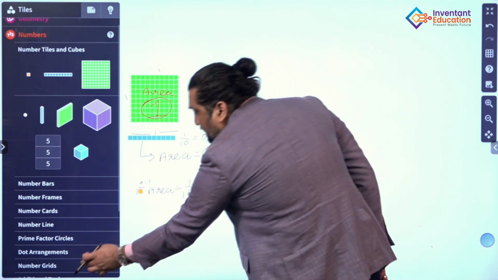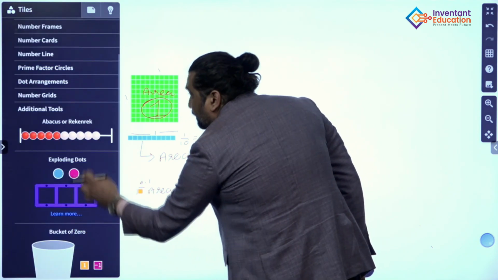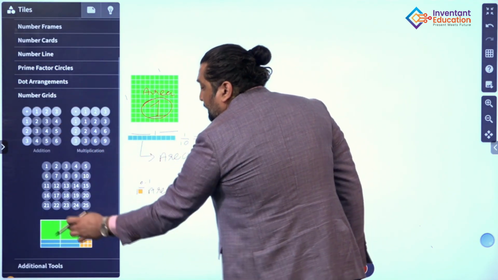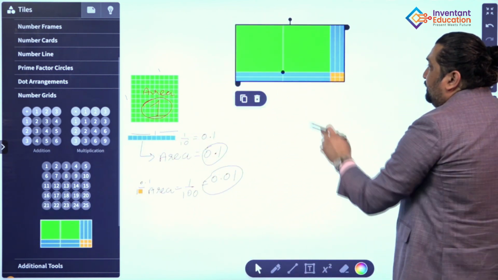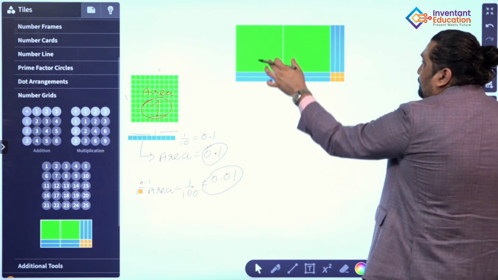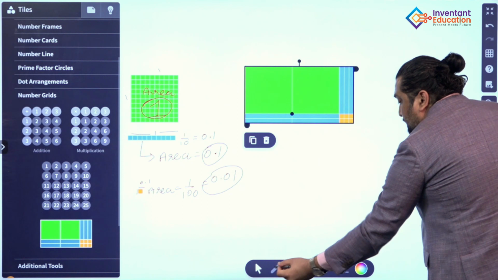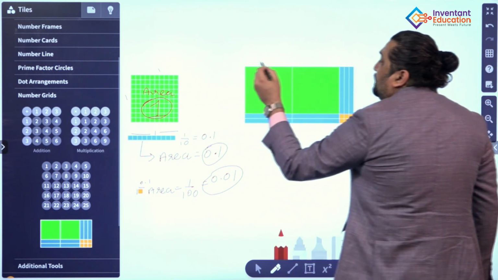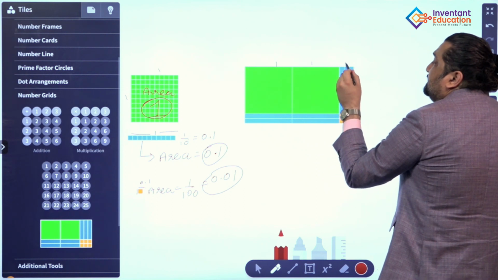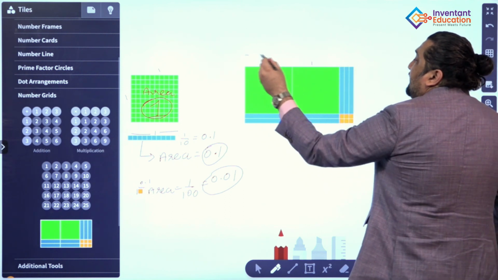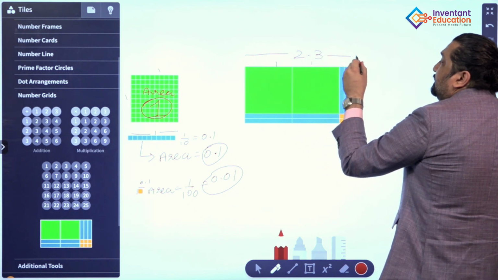Now based on this, we will do one multiplication. So I'll drag a model. This is my model. Now what I can do is relate it with these shapes given here. If this side is 1, this side is 1, and this will be 0.3, so this entire side will be 2.3.